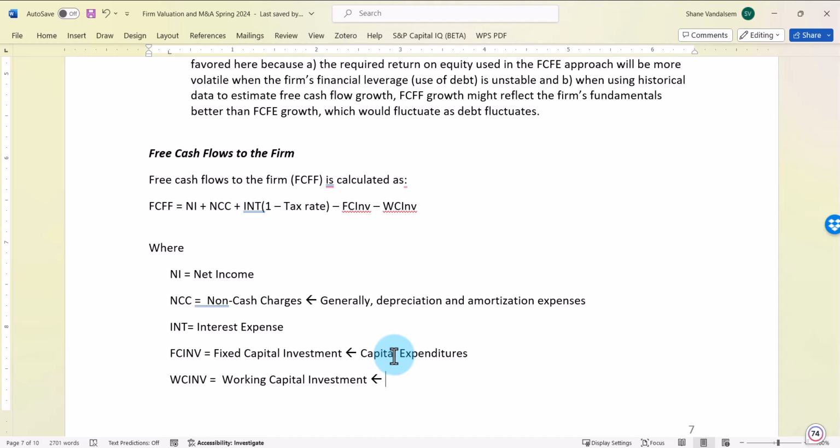And then finally, working capital investment. These are investments in inventory and accounts receivable, for example, short-term or current assets. And then we subtract out in our calculation the cash that we're getting from accounts payable and accrued expenses.